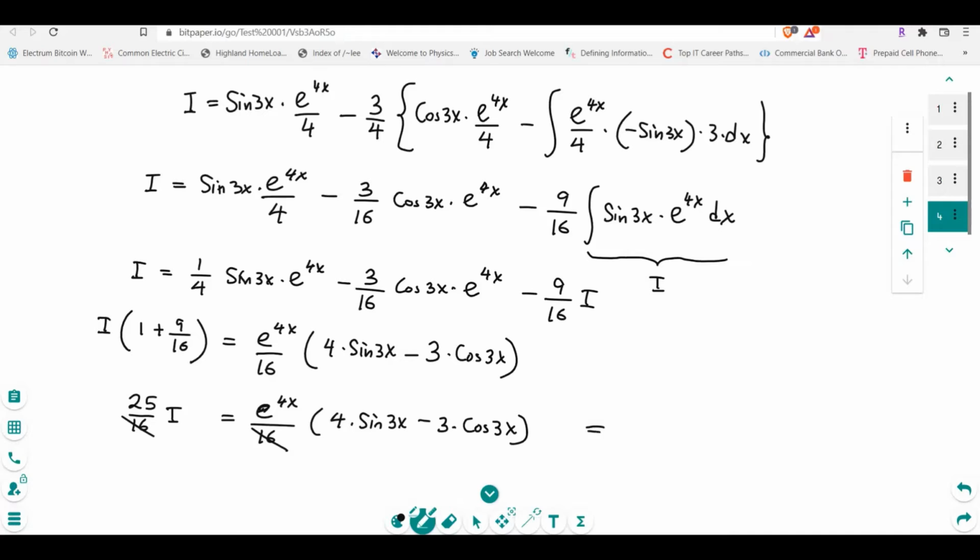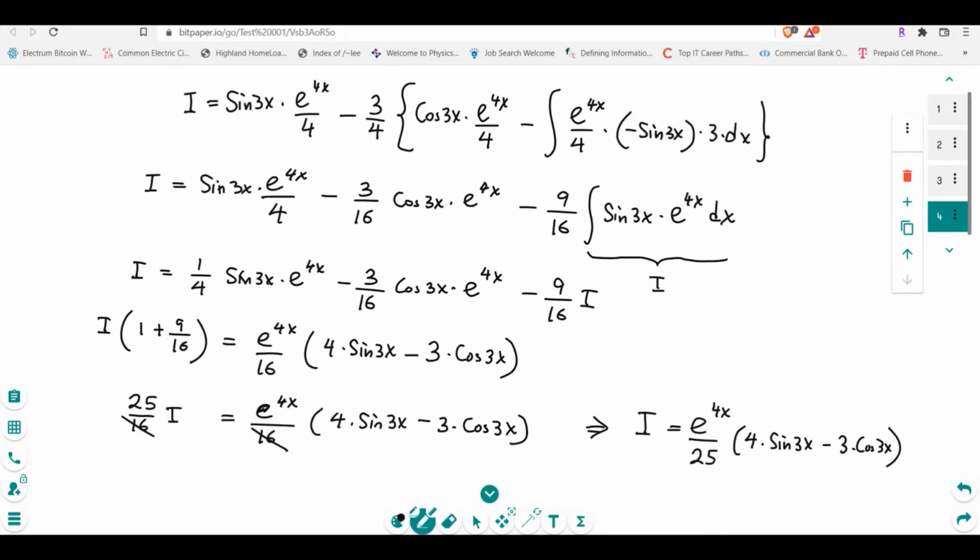So my final answer, I, that is that original integral, is equal to e to the power 4x over 25 times 4 times sine 3x minus 3 times cosine 3x.